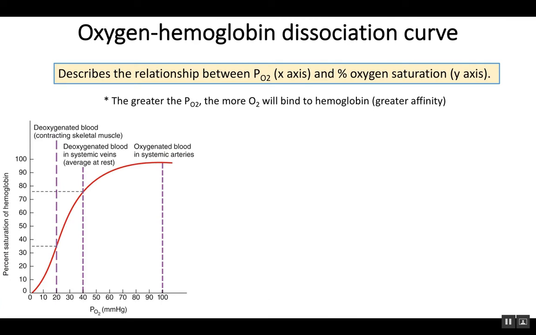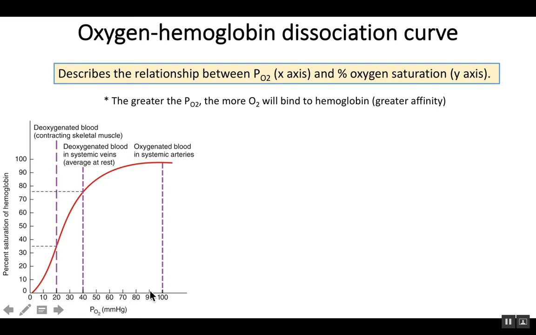Next topic, we're going to use this graph known as an oxygen hemoglobin dissociation curve. We're going to keep it fairly simple. This graph basically tells us that the more oxygen you have, this is the amount of oxygen, we call it partial pressure of oxygen.